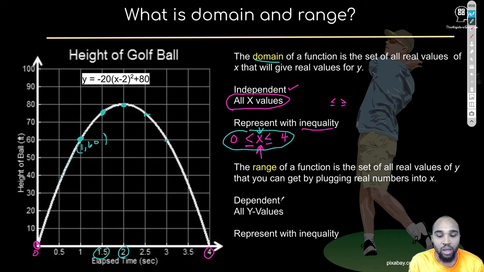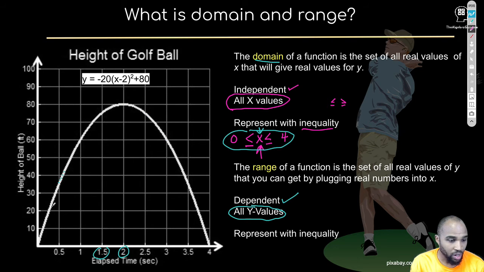What about range? We just talked about how it's dependent on what happens with the independent variable, the time. And we can assume that range is going to be all the y values. So let me erase our discussion with the x so we can clear our minds from that.